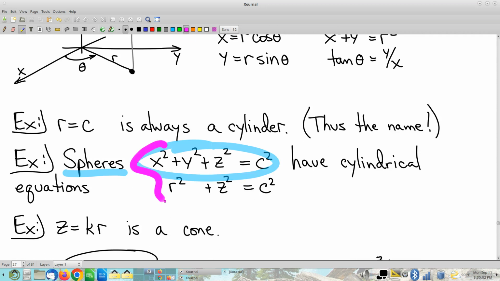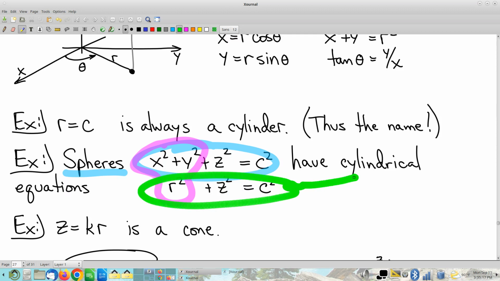Easily converted, because there's that easy relationship, a cylindrical to rectangular conversion. x squared plus y squared is r squared, thus resulting in an easy cylindrical equation for the same sphere. All right, done. A couple of freebies.